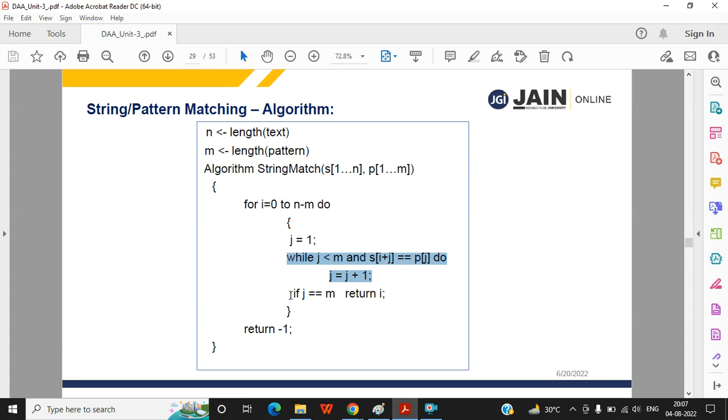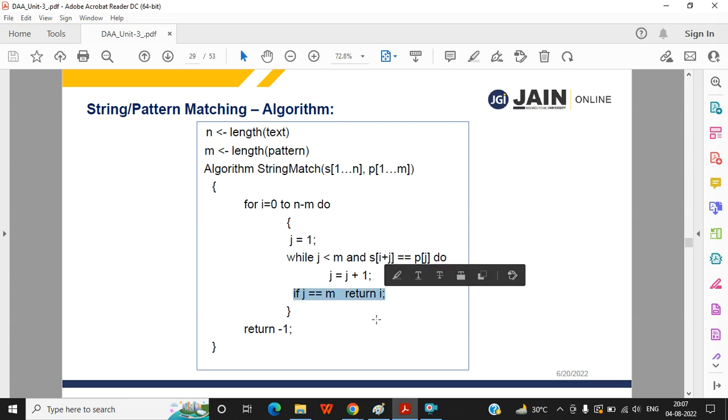Now what are they checking here? See here, this loop completes here. Since we do not have the bracket, this while loop will consider only this line. So after coming out of this loop, if we get that our j value is equal to m, what is the meaning of this line?